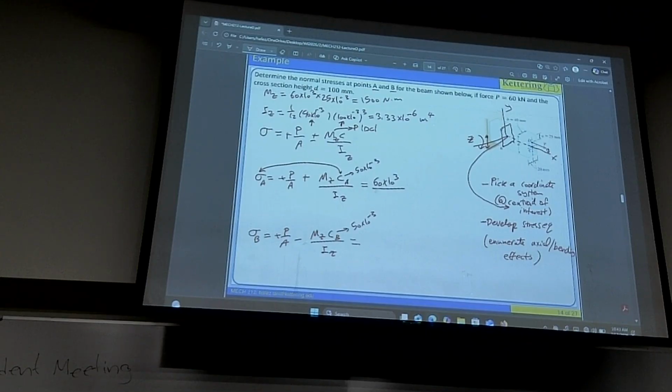Area is 40 times 10 to the negative 3 times 100 times 10 to the negative 3. MZ 1500, CA 50 millimeters, and IZ we found to be 3.33 times 10 to the negative 6. All right, guys, your time.